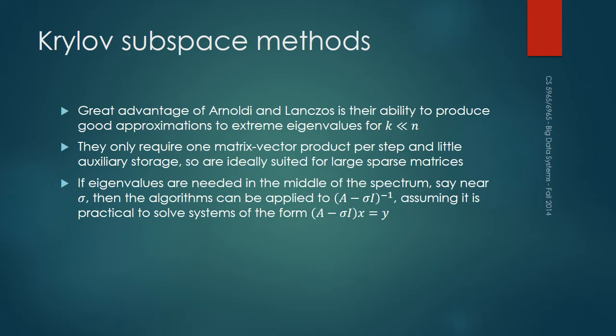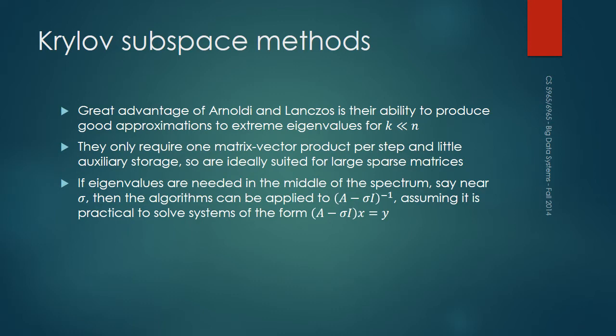And those are of most interest to us. There are cases where you might be interested in other parts of the spectrum, but in many cases that's what we're interested in. Take PageRank as an example and spectral bisection as another example.